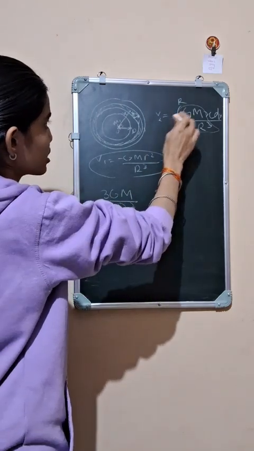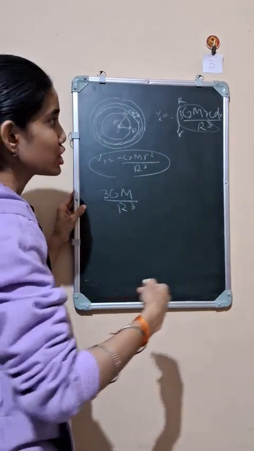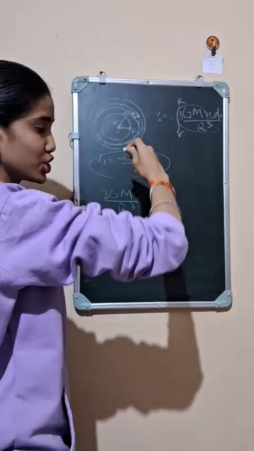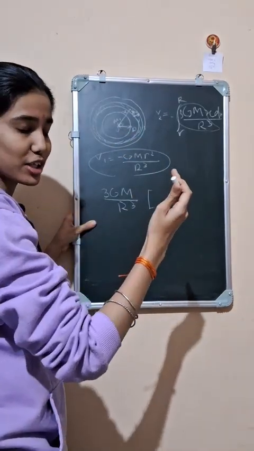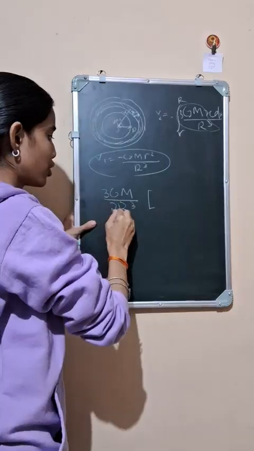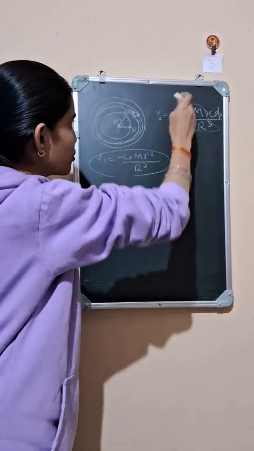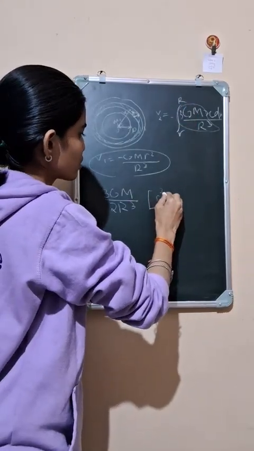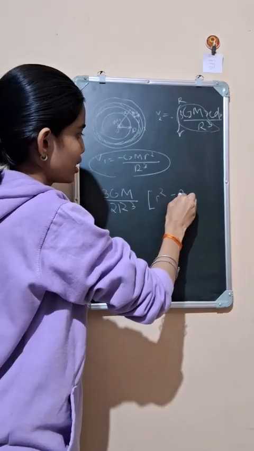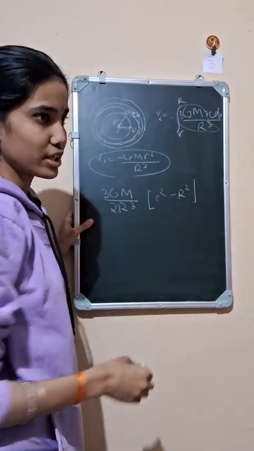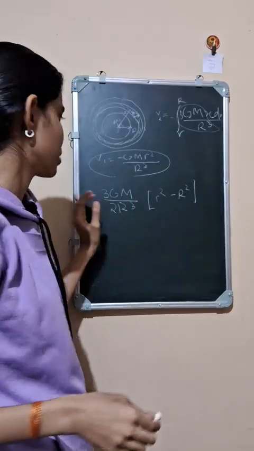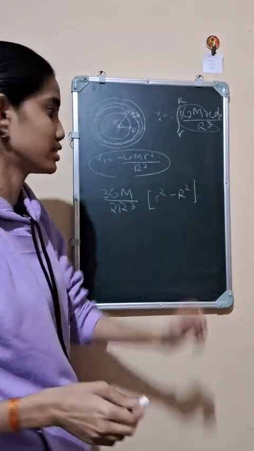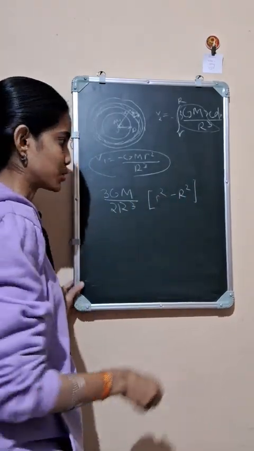I am taking the negative sign inside the integration, then the limits will change, and if I take 1 by 2 common, it will look something like this, and this will be equal to small r square minus capital R square, because if I integrate generally it will have a negative sign, and capital R square minus small r square, but if I take the negative sign inside, it will be small r square minus capital R square.